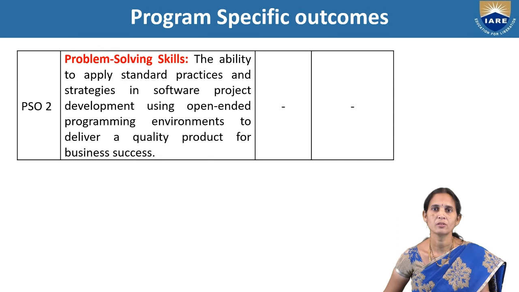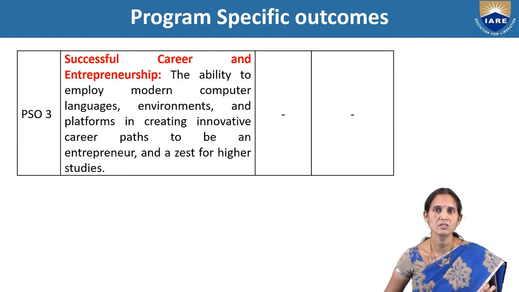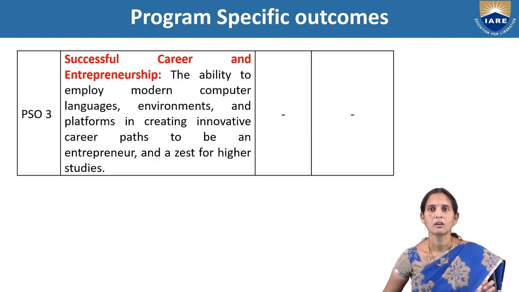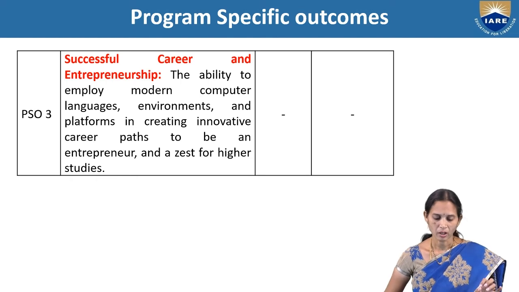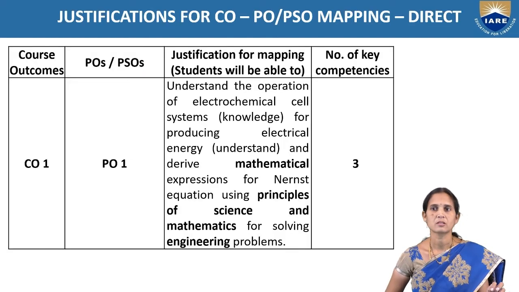PSO2, problem solving skills: the ability to apply standard practices and strategies in software project development using open-ended program environments to deliver a quality product for business success. PSO3 is successful career and entrepreneurship: the ability to employ modern computer languages, environments, and platforms in creating innovative career paths to be an entrepreneur and for higher studies.